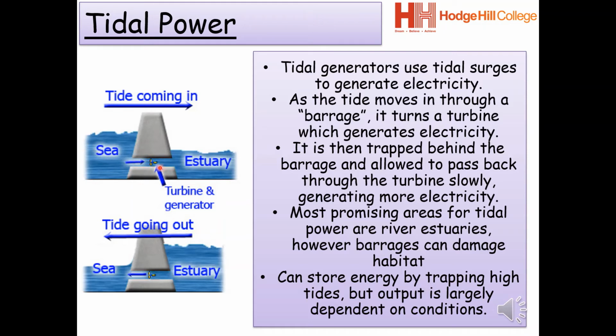As the tide moves through, it causes the turbine blades to turn, which causes a generator to produce electricity. Some advantages of tidal power are that there is no pollution and they're pretty reliable. Some disadvantages are that the initial cost is moderately high. However, there are no fuel costs and minimal cost to maintain them. They can also prevent free access by boats and they can spoil the view.